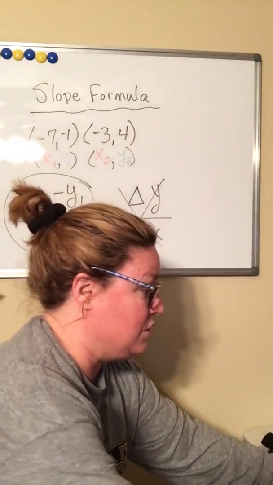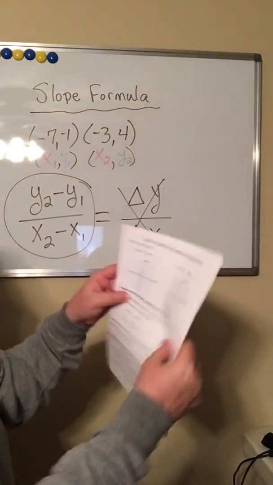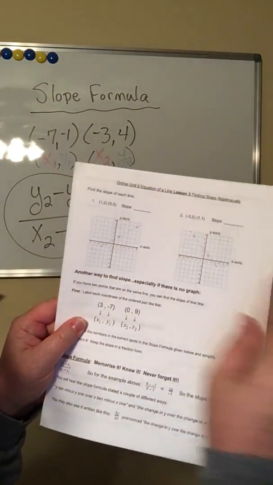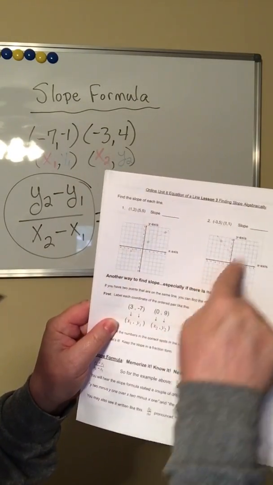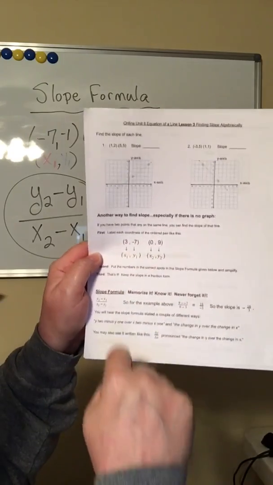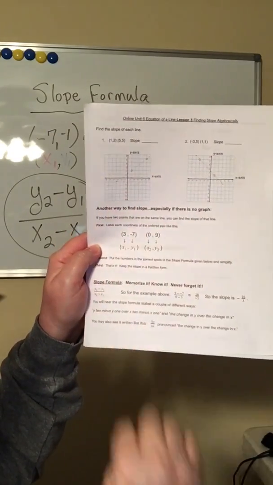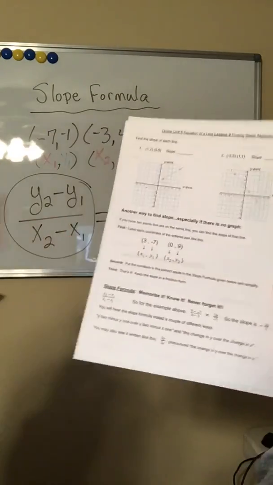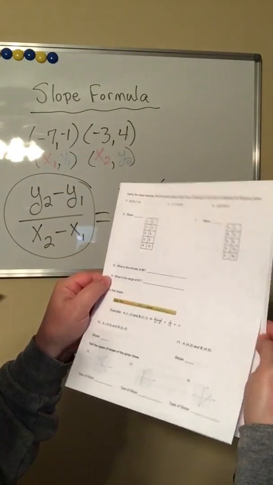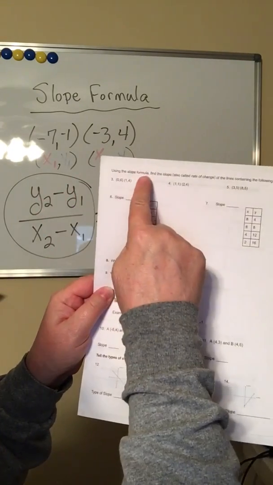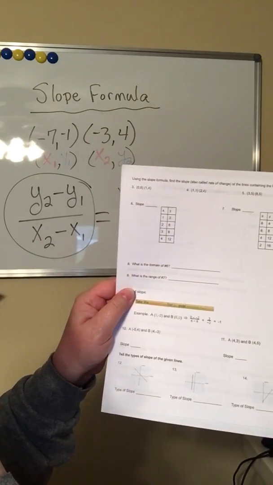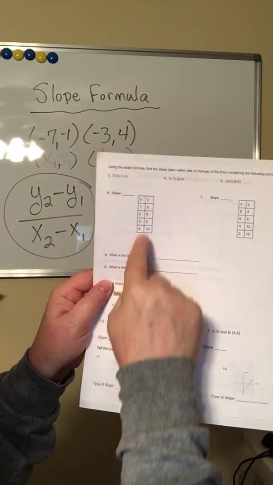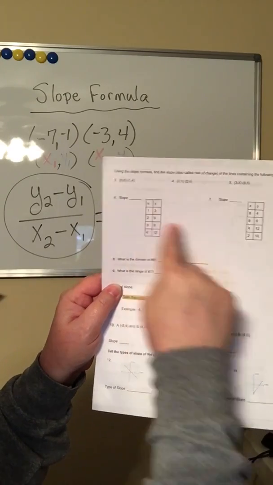Okay, so today, here's your work. On these ones, you can do counting because you have a graph. So you can find your slope doing that. This is all explaining to you what I just explained to you up on the board. All right, then using the slope formula, you can find the slope for these and you can find the slope for these.